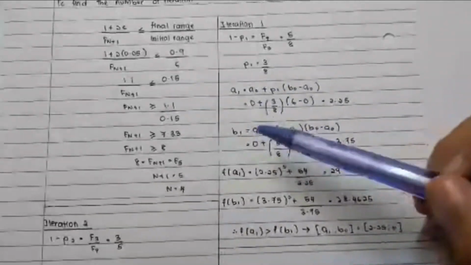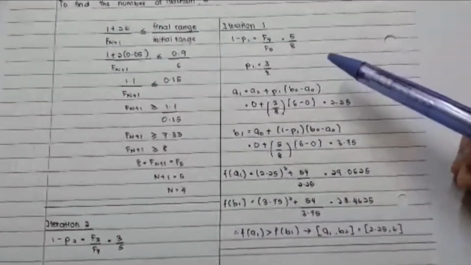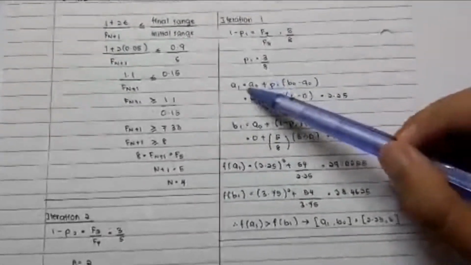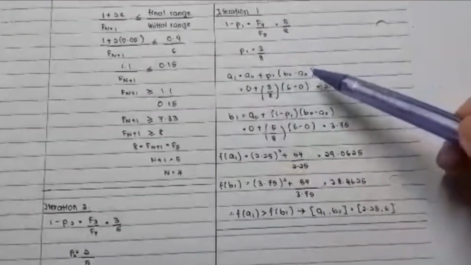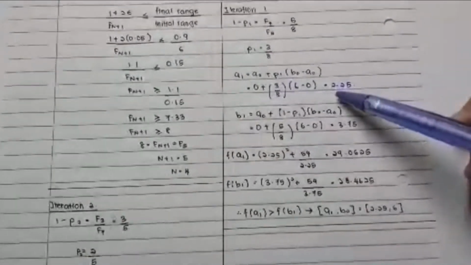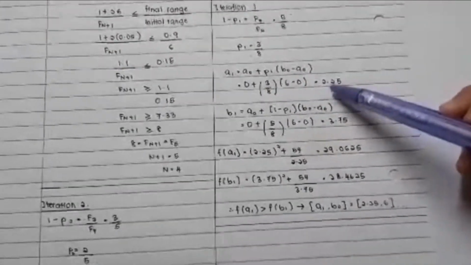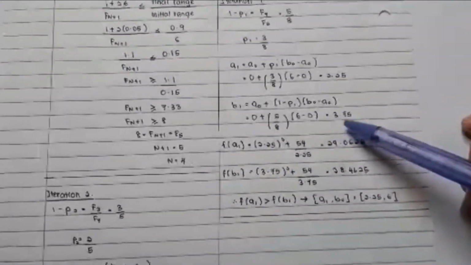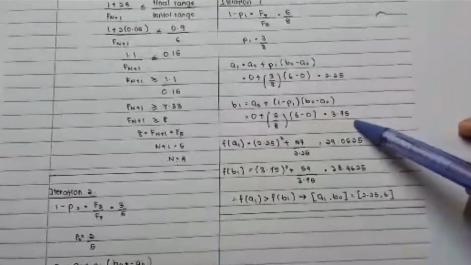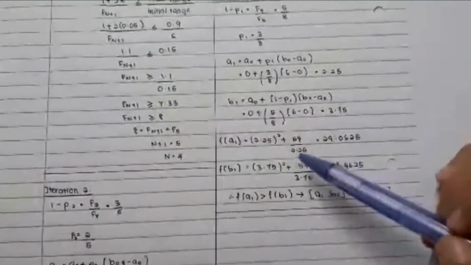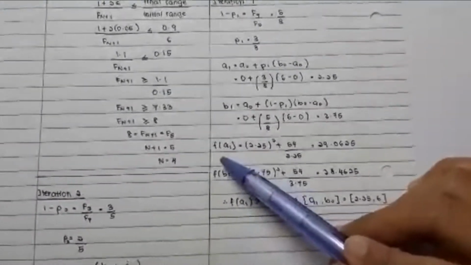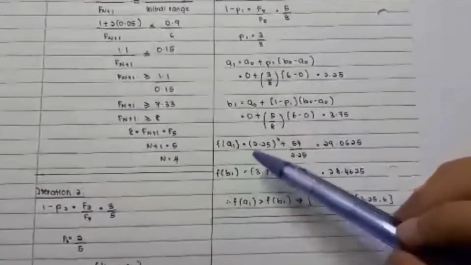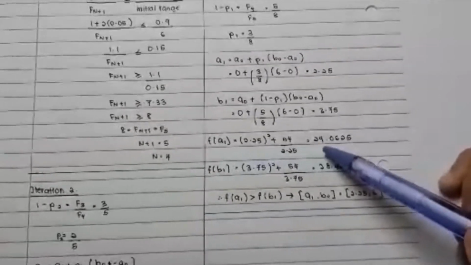Then we compute the value of rho into the formula for A1 and B1, and we got A1 equals 2.25 and B1 equals 3.75.